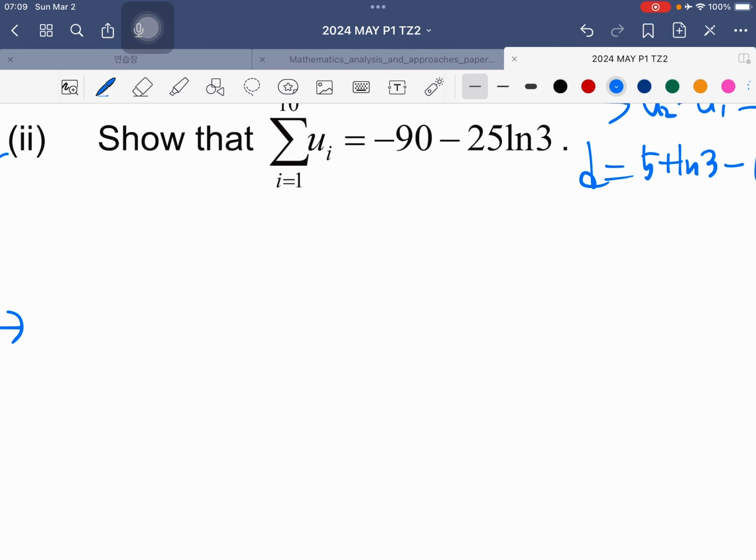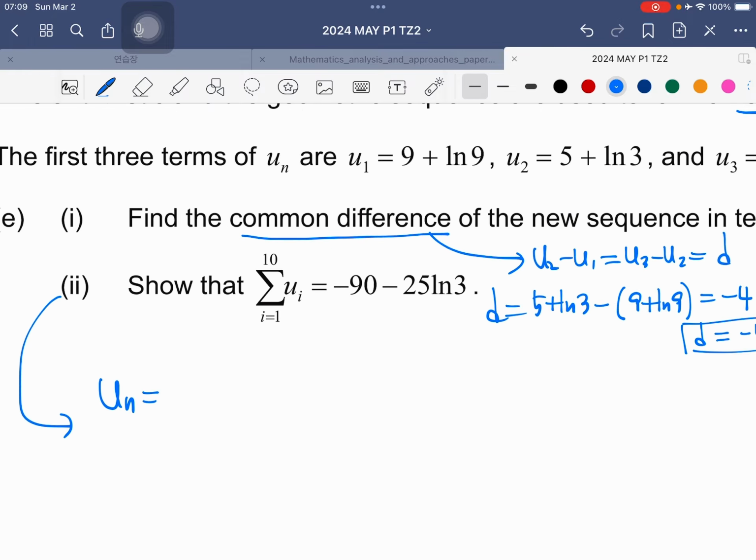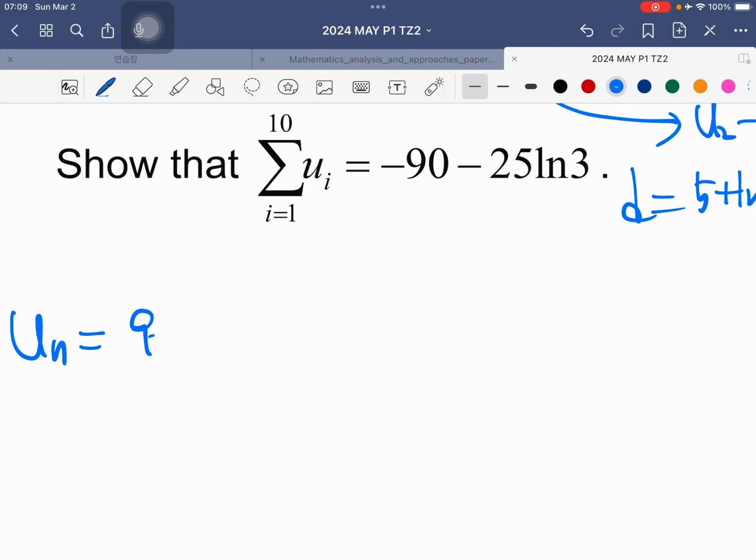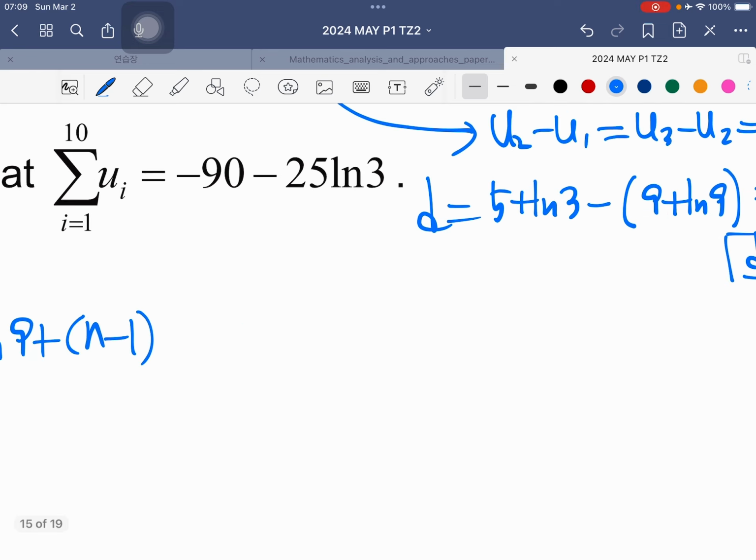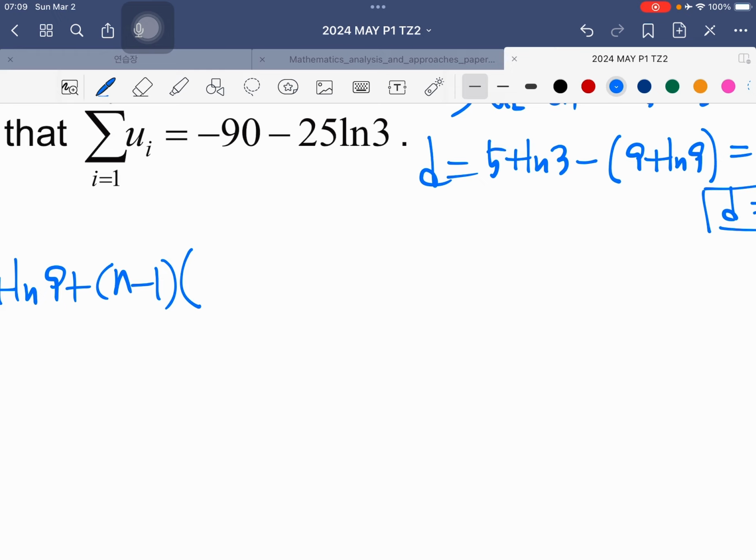So Un is an arithmetic sequence. The first term is 9 plus ln 9, plus n minus 1 times the common difference, which is negative 4 minus ln 3.